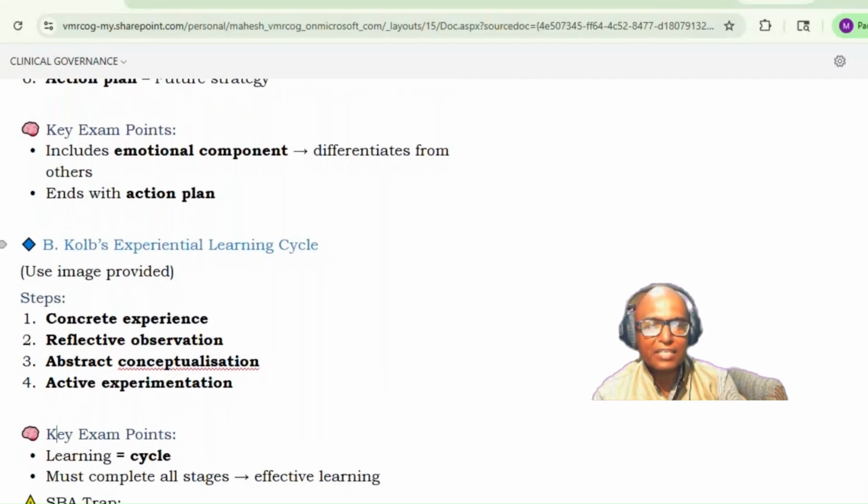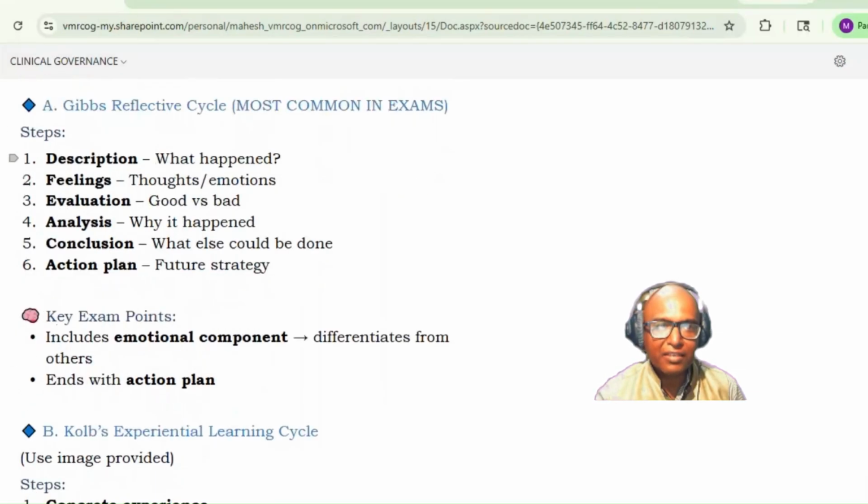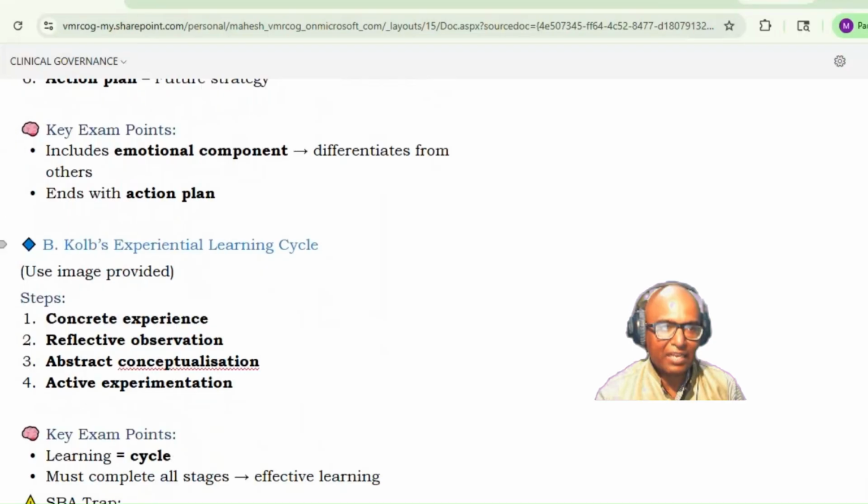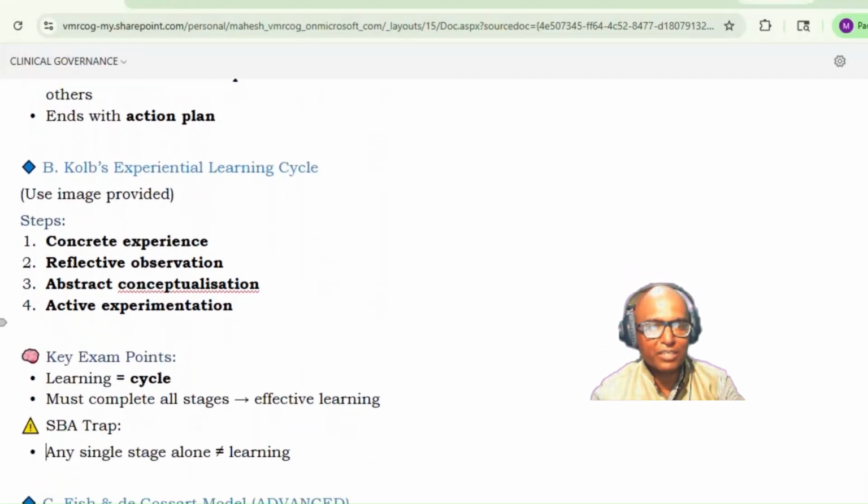So in Kolb's experiential learning cycle, the steps are concrete experience, then a reflective observation of that concrete experience, then an abstract conceptualization, where you are going to conclude something from your critical thinking, and then there is active experimentation in the future. So that is the sort of action plan that was there with the Gibbs reflective cycle. This is the difference between the Gibbs and the Kolb. A sort of deep reflection is there in Kolb's experiential cycle.